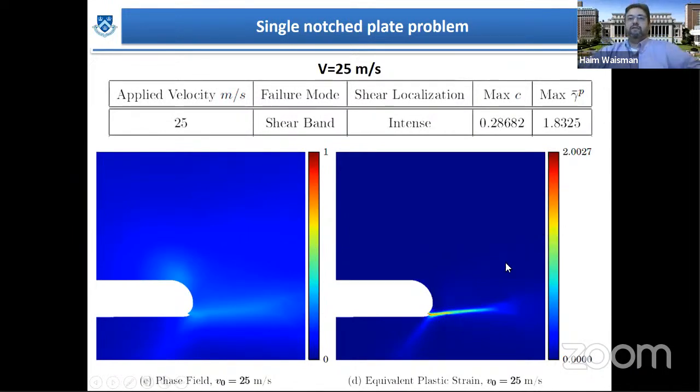So in this case, we have localized strain and plasticity but no brittle fracture, which essentially suggests that this model can, I would not say reproduce, but has the potential to reproduce these complex failure modes.